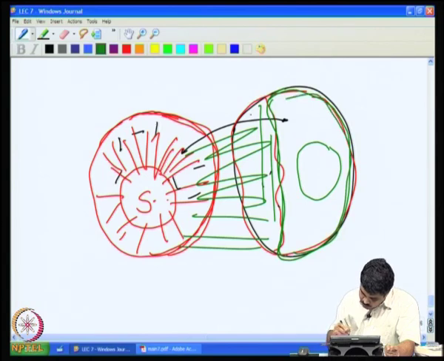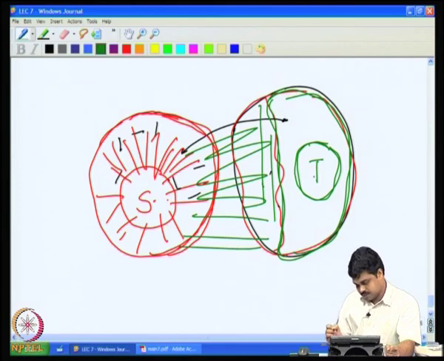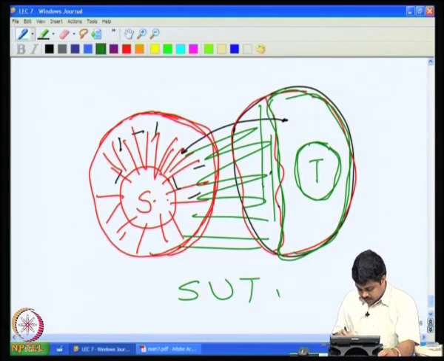Let this be called T. Now, one thing we can immediately observe is that S union T is an independent set.